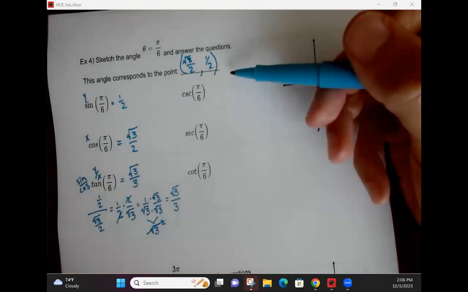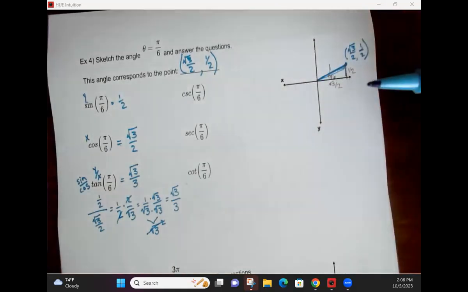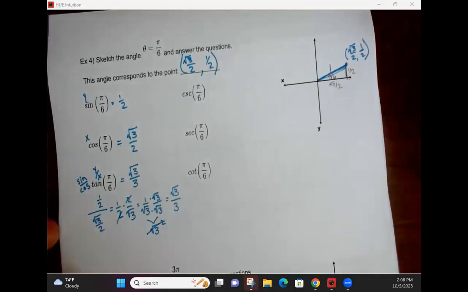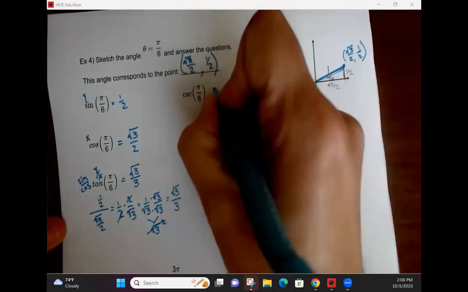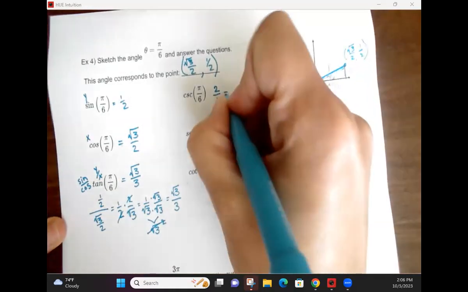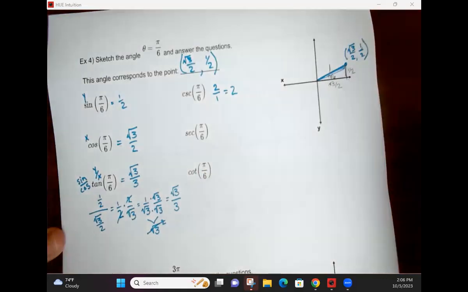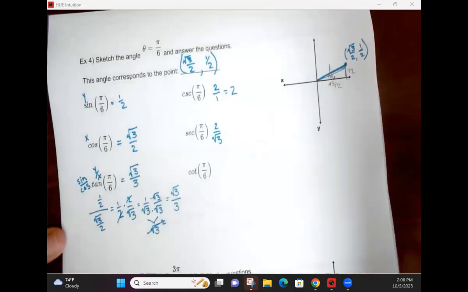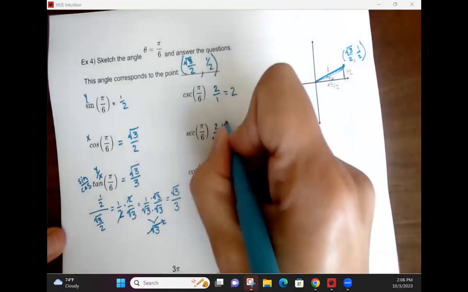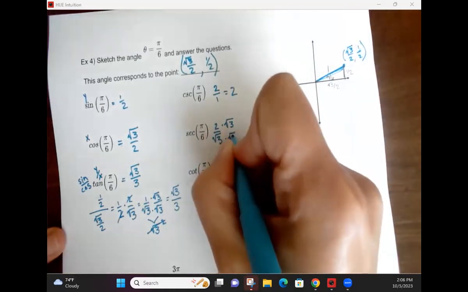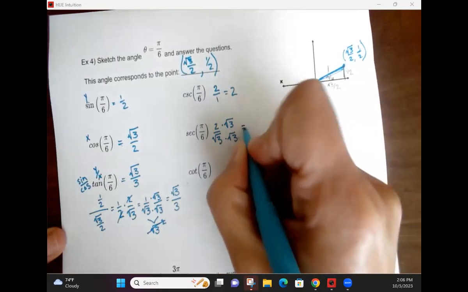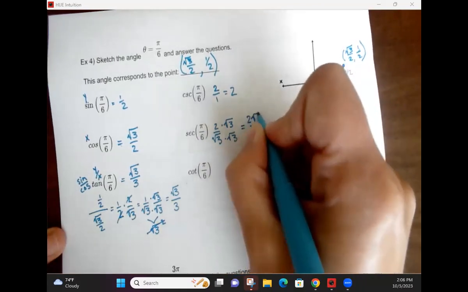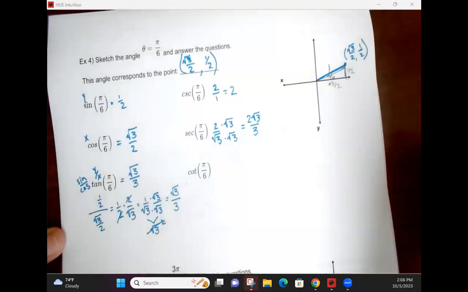For our remaining 3 functions, we are just looking at the reciprocals of the first 3. So cosecant is 1 over sine. That's the reciprocal of sine. So this would be 2 over 1 or just 2. Secant would be 2 over root 3. Again, I need to rationalize my denominator here. So we're multiplying by that root 3 on top and bottom. So that would give me 2 root 3 over 3.